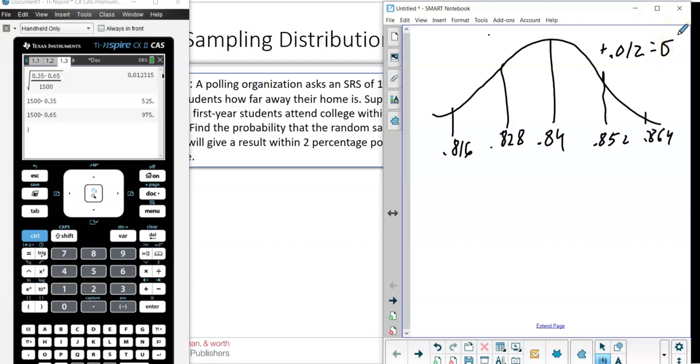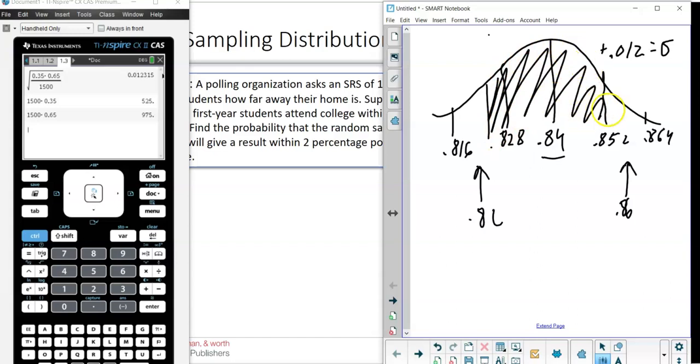So within 2 percentage points, so 0.84 would go from 0.86 down to 0.82. So between those two is where the shading is going to be. So we're going to norm CDF this. I'm just going to copy and paste this number so I have it.